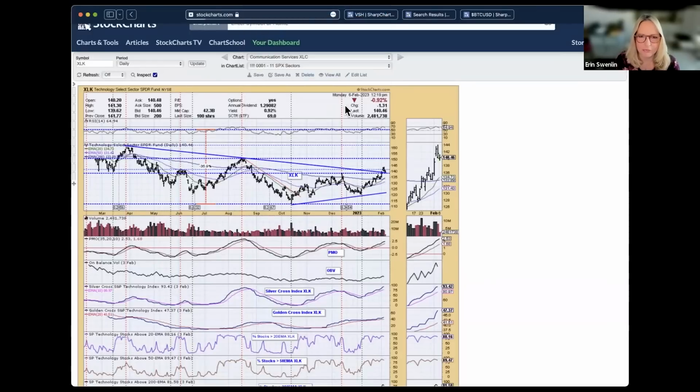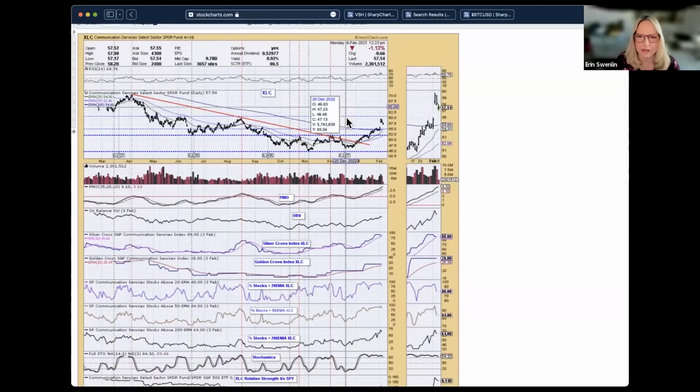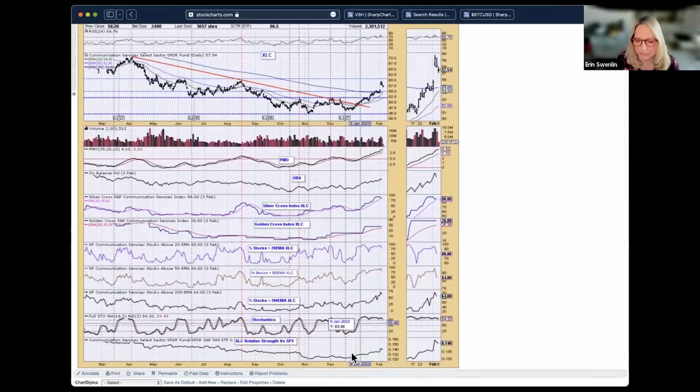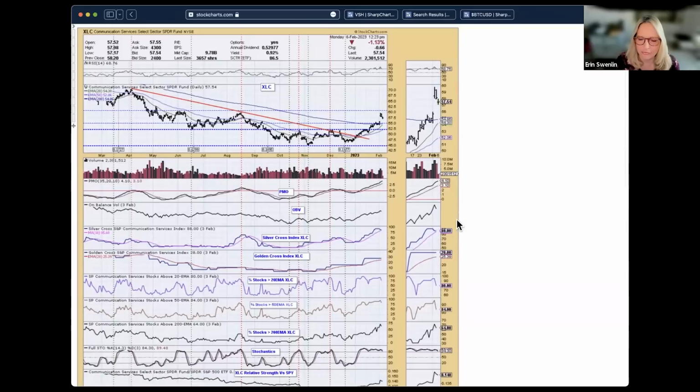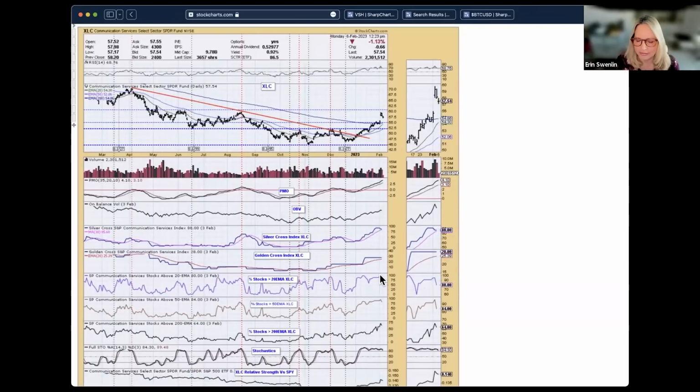So I'm just going to go through fairly quickly. XLC was really showing the most strength for some time. You can see the relative strength line just continuing straight, but we are seeing a lot of deterioration under the surface right now. Notice that we've lost a lot of stocks above their 20-day EMA, and that is lower than the Silver Cross, as you were sort of intimating about the technology one.